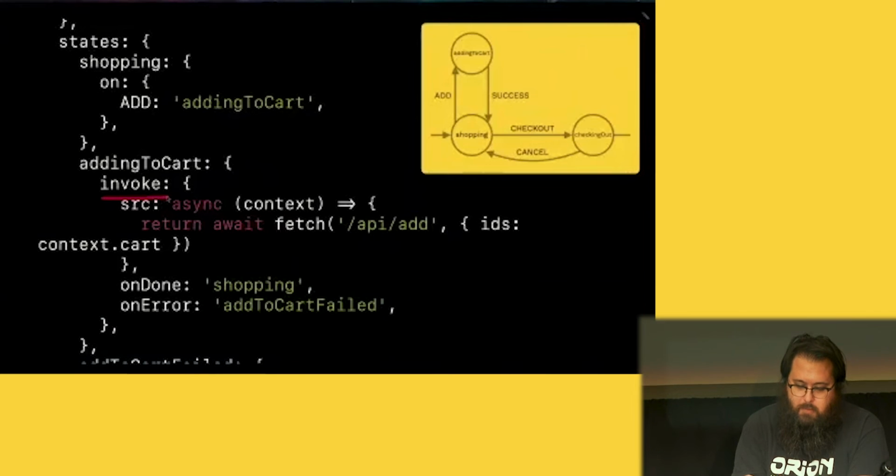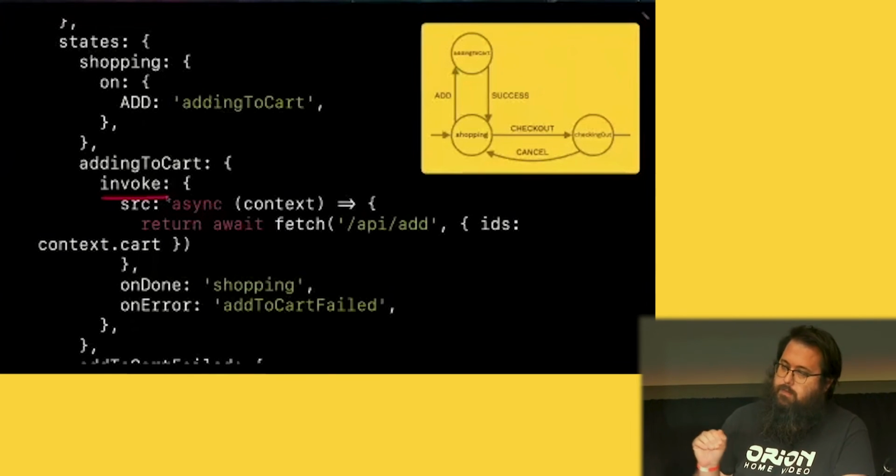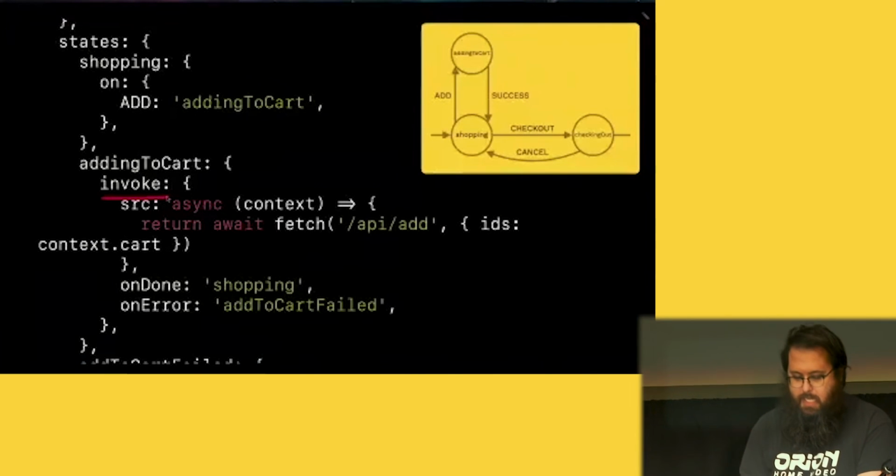And the reason they went with invoke, I believe, is because this library intends to be backwards compatible with a standard called, I think it's SCXML or state chart XML, and also to be standard with the state chart definitions, which is great, but I think it's a little bit of a learning curve. I find it a little bit weird, but once you start to use it, then it becomes second nature.